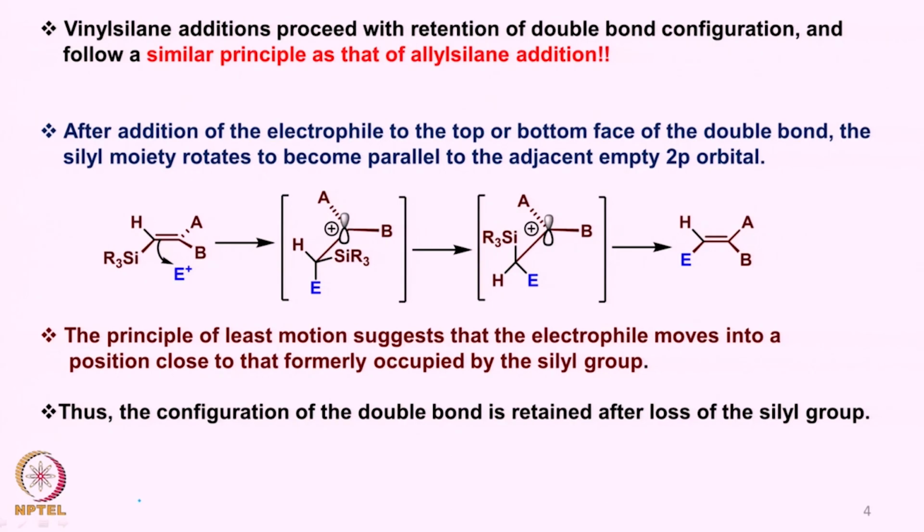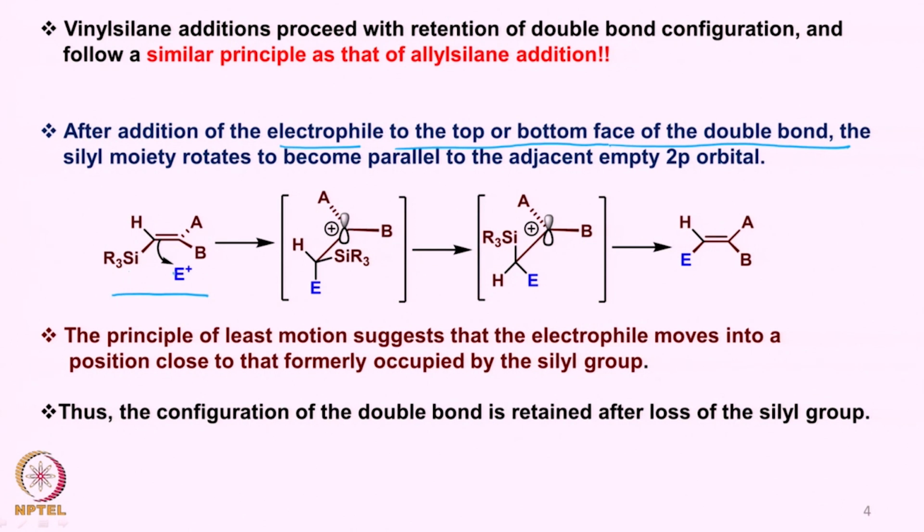What does it mean? Say you have a vinyl silane like this, and the electrophile adds from the top or bottom face of the double bond. Here the silyl group and A are trans to each other, and the silyl group and B are cis to each other.